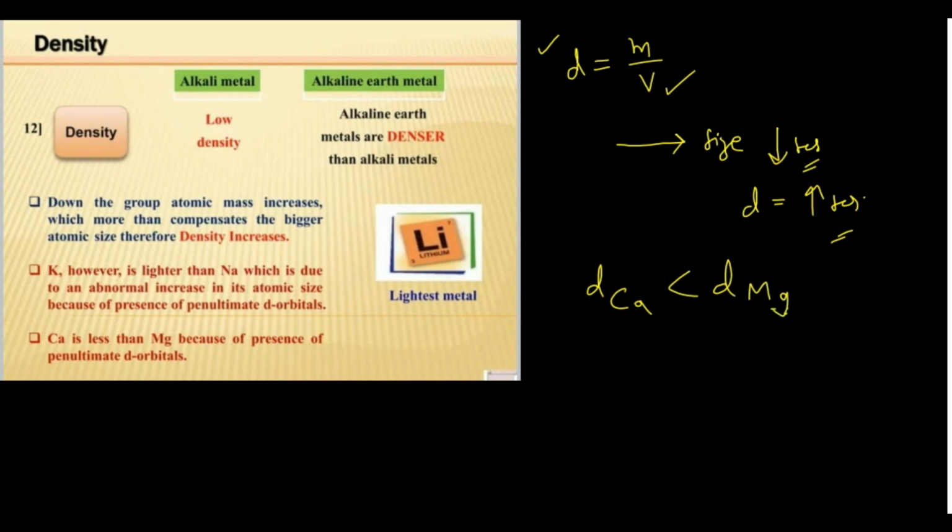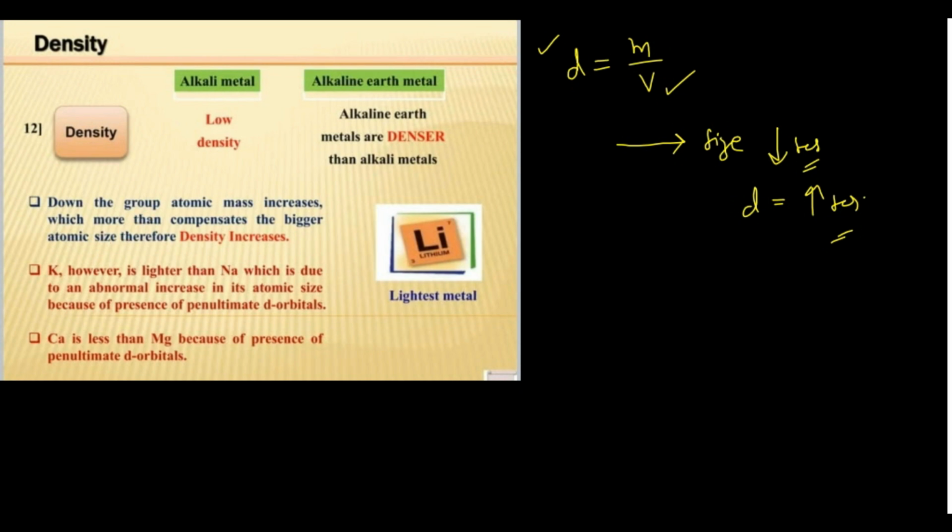Why actually is this happening? Next thing is quite simple. I have already explained this in my first lecture also. When you move down the group, both things increase. Your atomic mass increases, as well as your atomic size. But which one is the dominating factor? That dominating factor will decide the density basically.